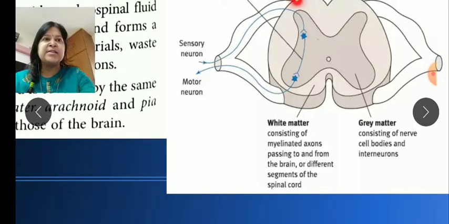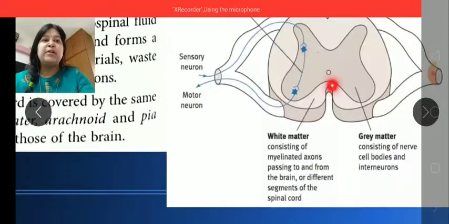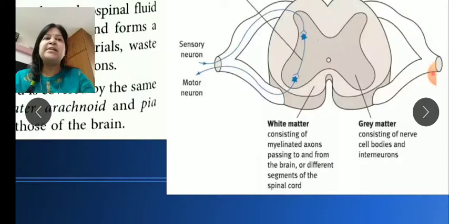Okay, as you can see, this is one vertebra also. Now white matter consists of myelinated axons, passing from the brain or different segments of the spinal cord. So you should know the arrangement and what gray matter and white matter are made up of. In brief, I explained this in class 8 also.